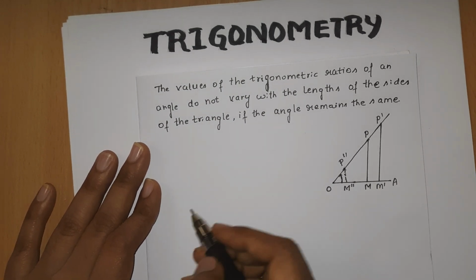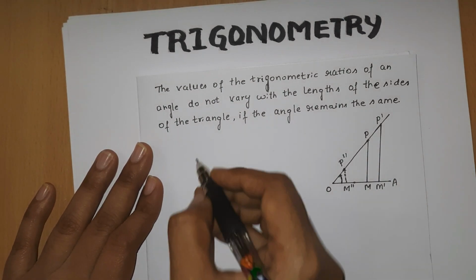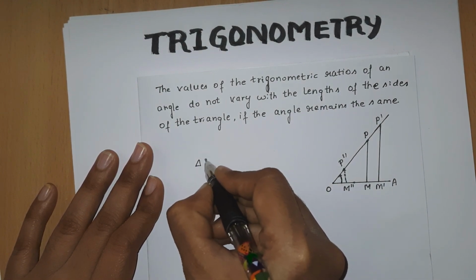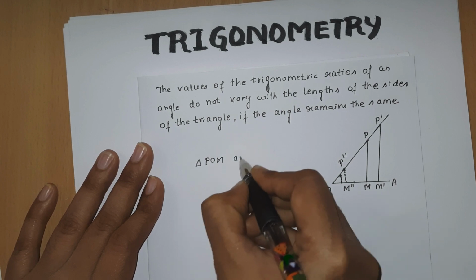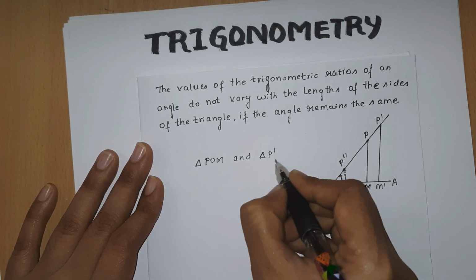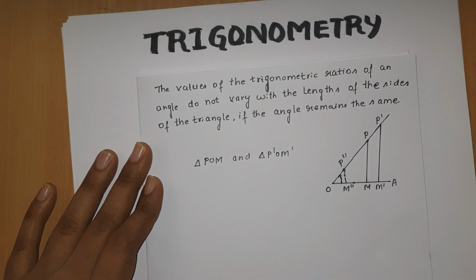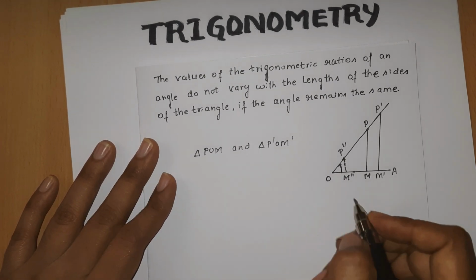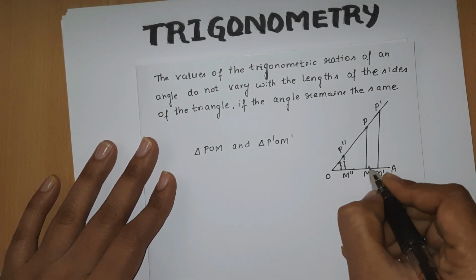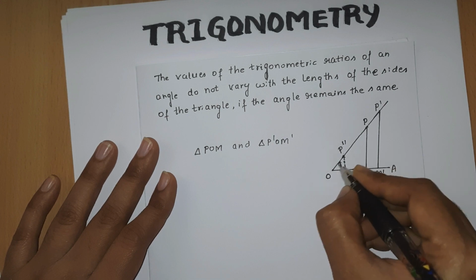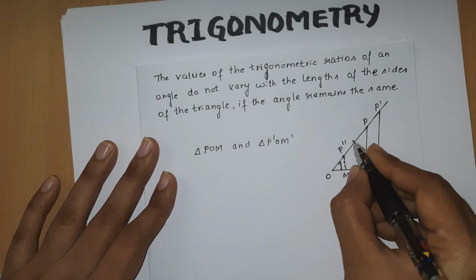First we shall consider two triangles here. First I will consider triangle POM and triangle P dash OM dash. Since we have O as common, we can say that these two triangles are equiangular. Therefore we can write MP, the side opposite to this angle, by hypotenuse.